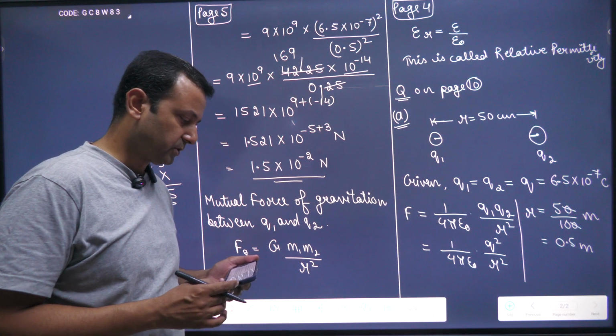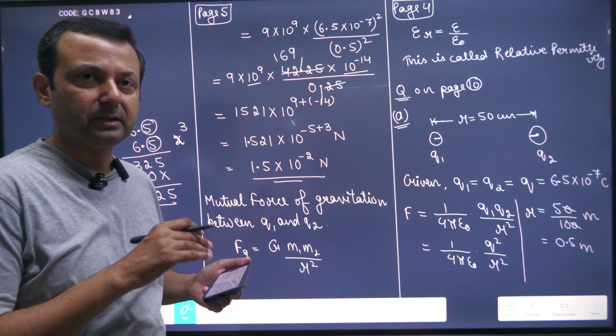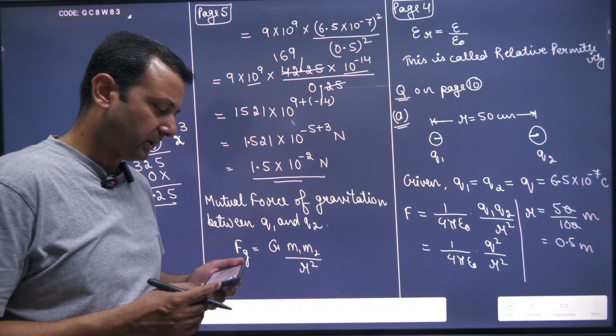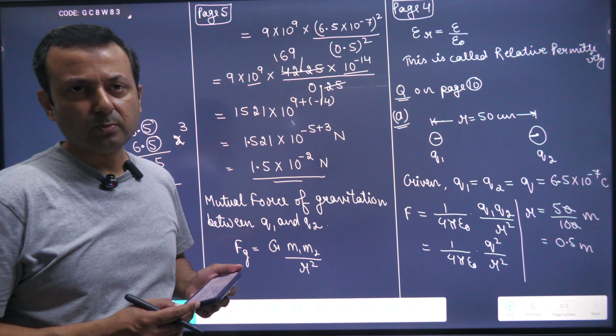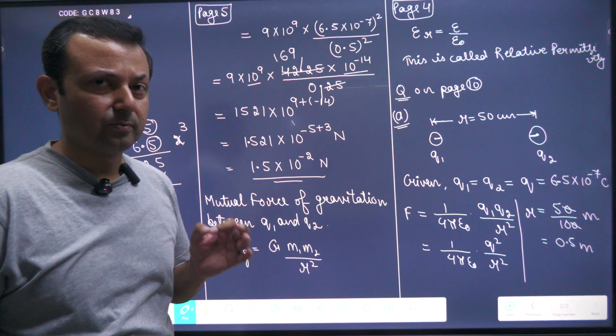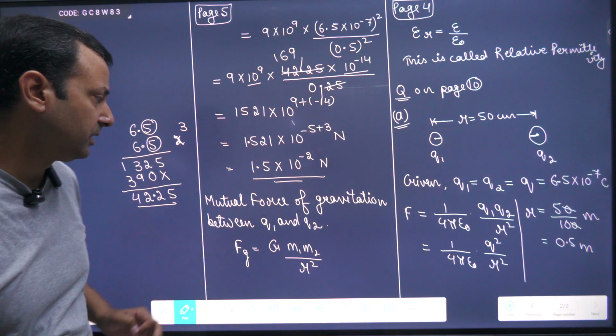Also compare this force with their mutual gravitational attraction if each weighs 0.5 kilogram. I am reading the question again. So each weighs means the mass of both these charges is 0.5 kilogram.